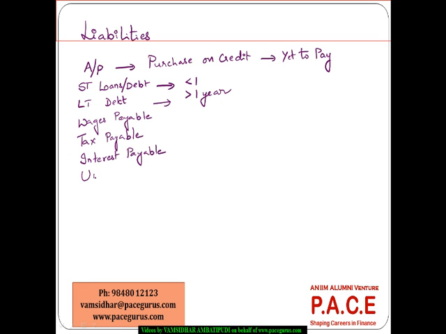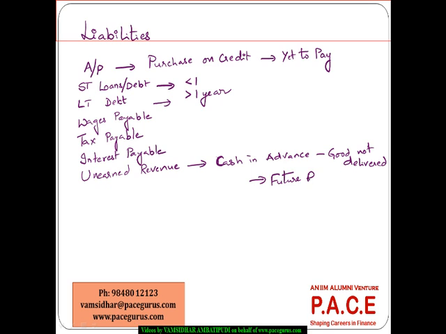And there could be areas like unearned revenues. That's not a revenue for the current period, but it would be the revenue for the future periods. So you have received the cash in advance. Cash is received in advance, but goods not yet delivered, or service not yet performed, which means that's not your current revenue, that's your future revenue.